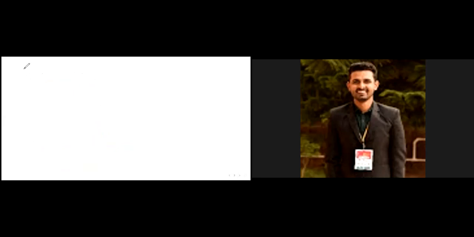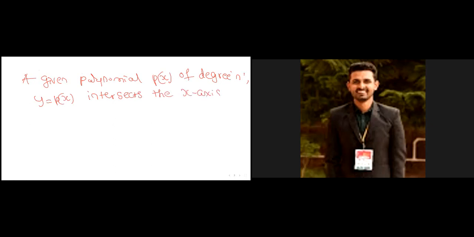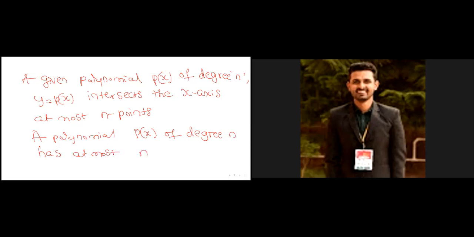So in general, I can say for a given polynomial p of x of degree n, y is equal to p of x intersects the x-axis at most at n points, or a polynomial p of x of degree n has at most n zeros.